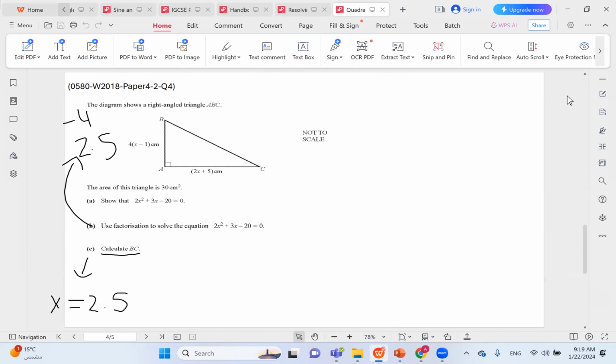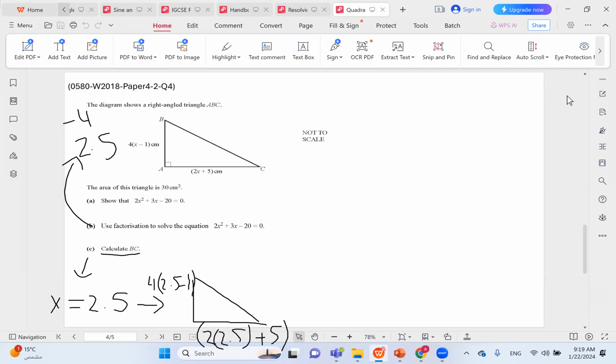So in this case, the triangle looks something like this. We have 4 times 2.5 minus 1, and we have 2 times 2.5 plus 5. In this case, we can just simplify.